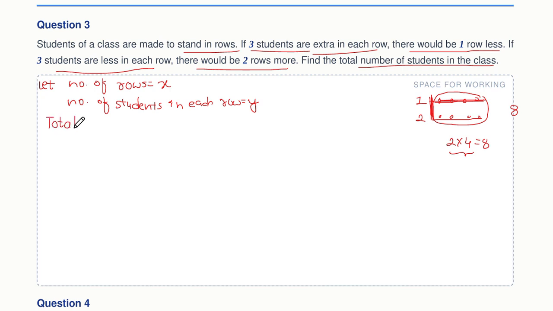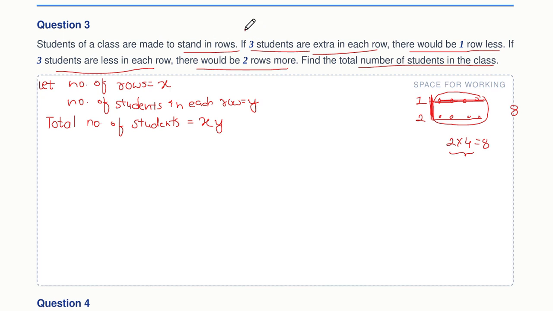So total number of students in the class is nothing but x multiplied by y. Okay. How many rows are there and how many students are there per row? If you multiply, you'll get total number of students. So the idea is the same.